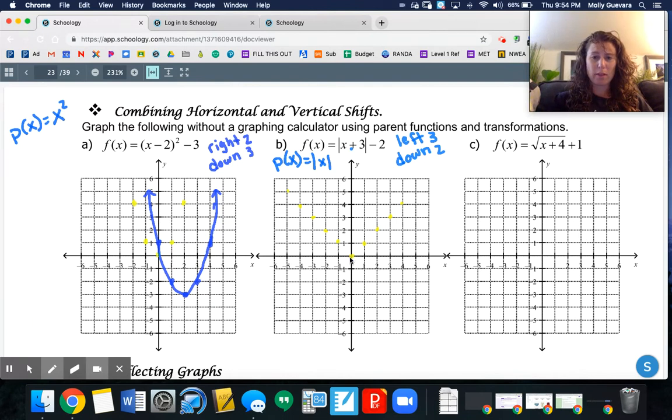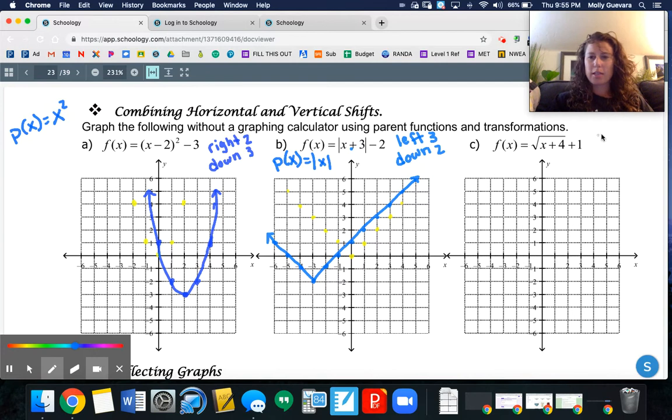So I'm going to go left 3, 1, 2, 3, down 2. And then from there, you know what the graph looks like, right? Just up 1 over 1 over time. And then same thing here. There's my graph.